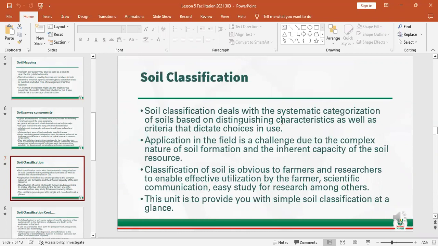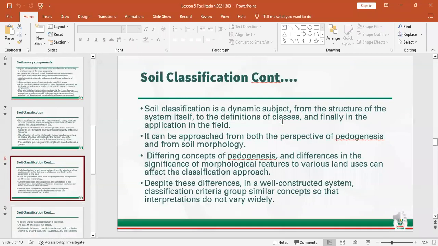This unit will provide you with simple soil classification plans too. Soil classification is a dynamic subject, from the structure of the system itself to the definition of classes, and finally to the application in the field. It can be approached from the perspective of pedogenesis as well as from soil morphology.